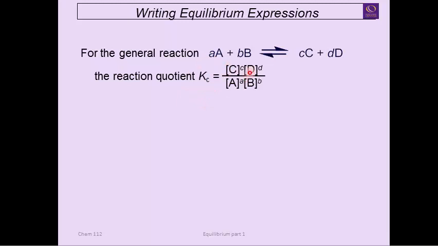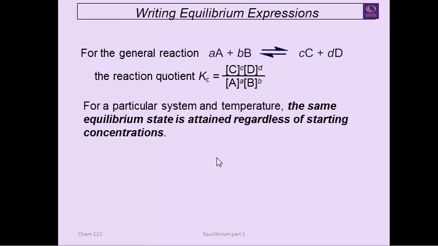Notice these brackets, I want to remind you, are molarity. So you go to the products, raise them to the power of whatever their coefficients are, and that's in the numerator. The denominator is the reactants raised to the power of whatever their coefficients are.